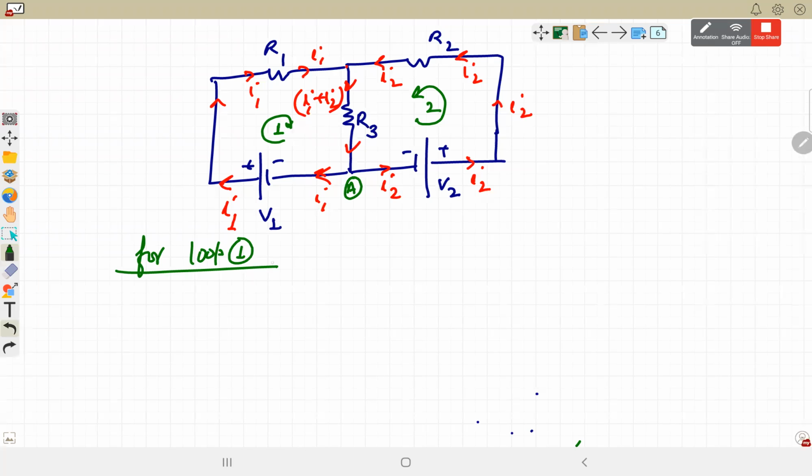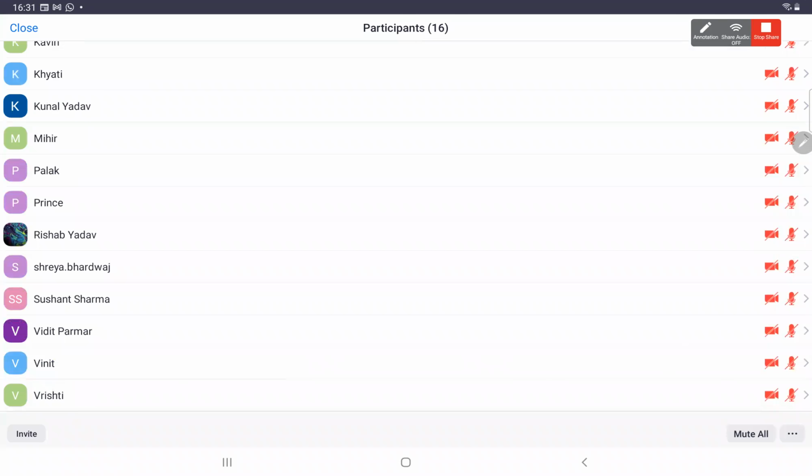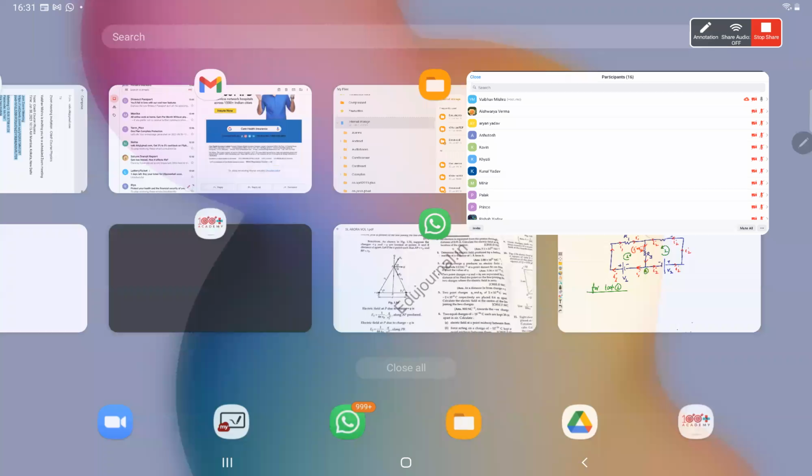Vrishti, can you give the equation for loop one? We have already done it with the capacitor. That's why I'm asking. Vrishti, loop one के लिए Kirchhoff law equation. What should we write? Vrishti, I'm asking you.